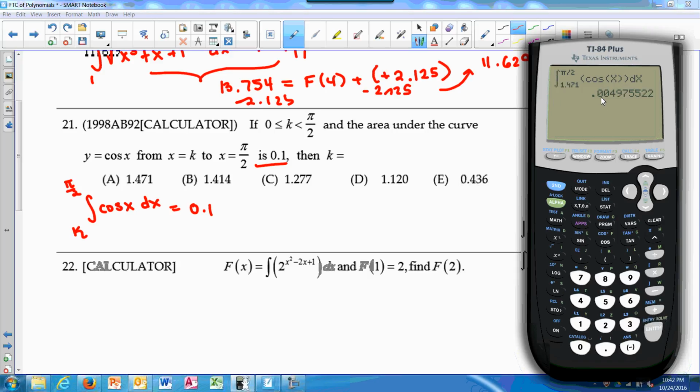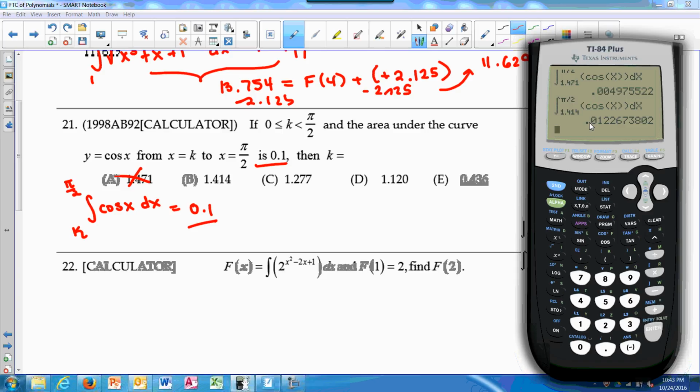I got an answer of 0.005. 0.005 is not the value that I want, so that's not the correct answer. I'm going to try another value. Notice I'm going to go up, highlight this line, and press enter. I can then go back to the beginning and clear that one line and try the next value, 1.414.